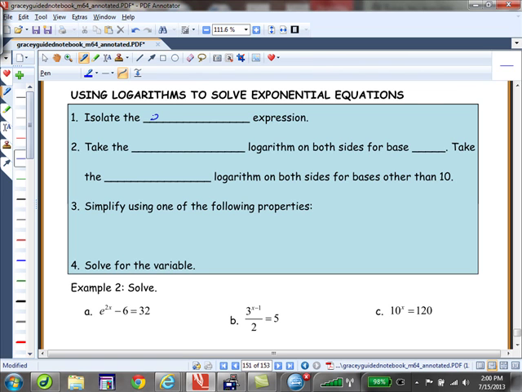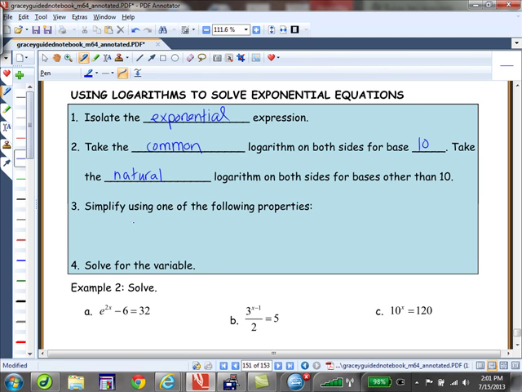We isolate the exponential expression, and then we take the common logarithm on both sides if we have base 10 in our exponential. Otherwise, you take the natural logarithm on both sides if you have a base other than 10. That's the convention. Then we simplify using one of these properties.